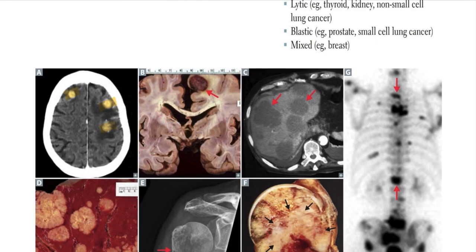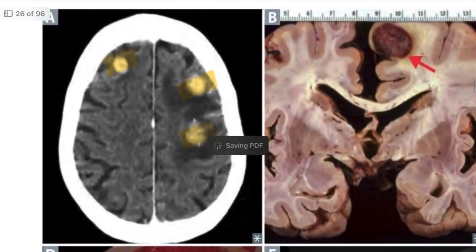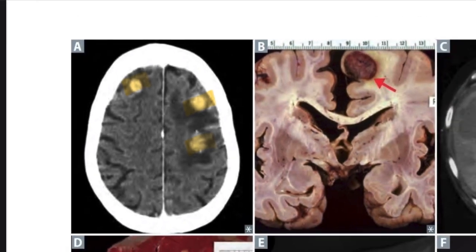So in the brain we can see lesions forming with edema. This is a classic brain metastasis.